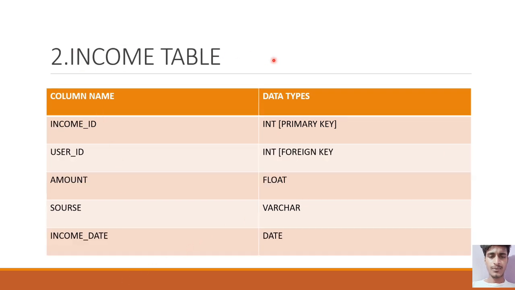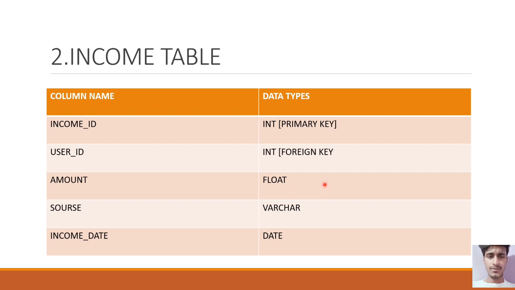This is the income table. For the income table I have mainly used the column names income ID, for which I assign data type int. Next user ID, which I have used here to link the user table and the income table. Next amount, for which I use data type float.